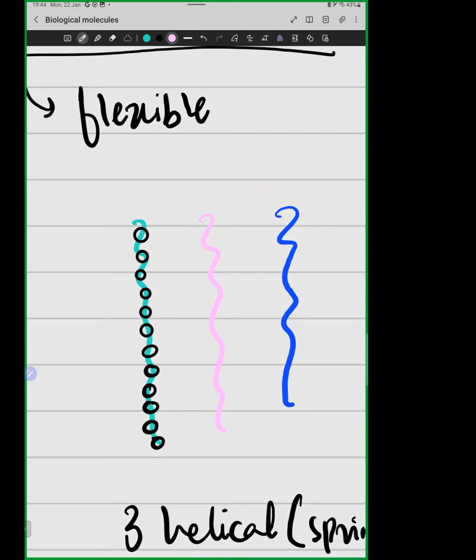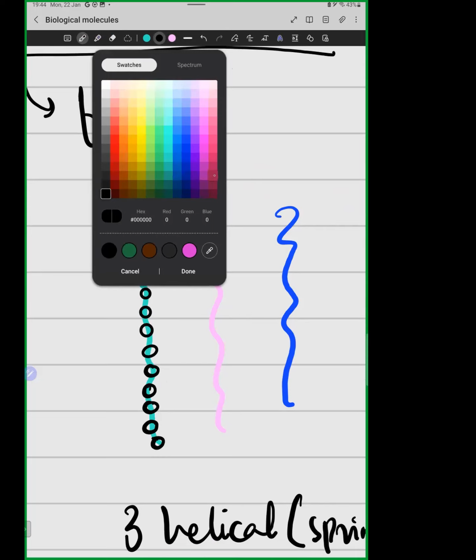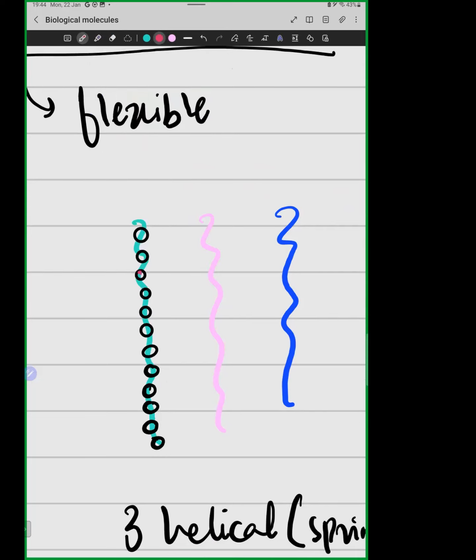They're amino acids. Now, I'm coloring every third amino acid, and I'll just tell you in a minute why I am doing so. Okay, so can you see that every third amino acid I've highlighted with a particular color?